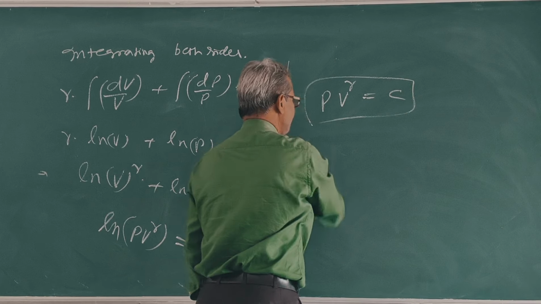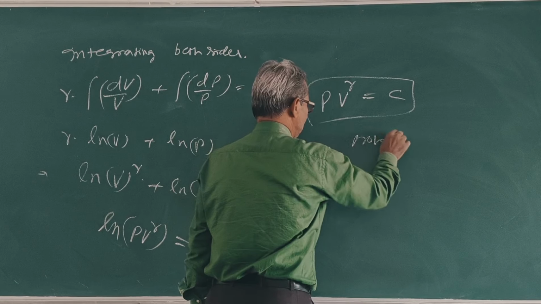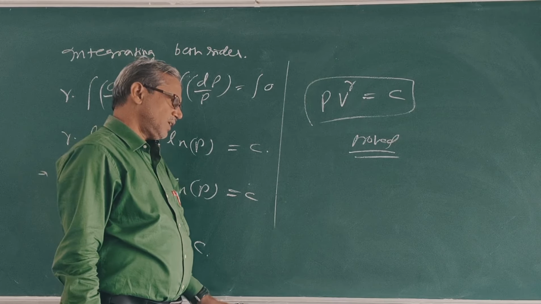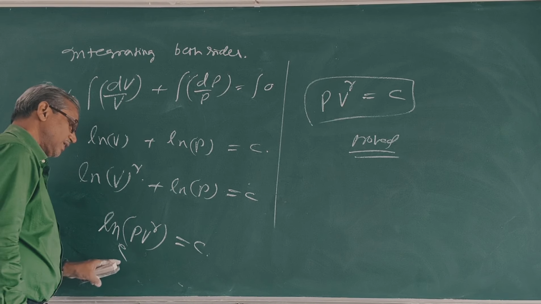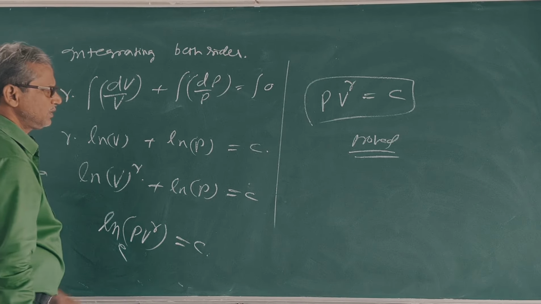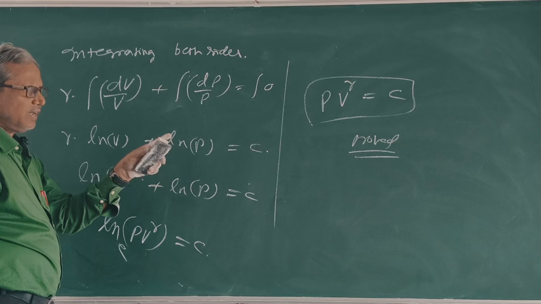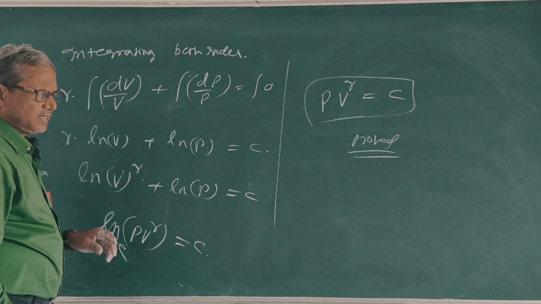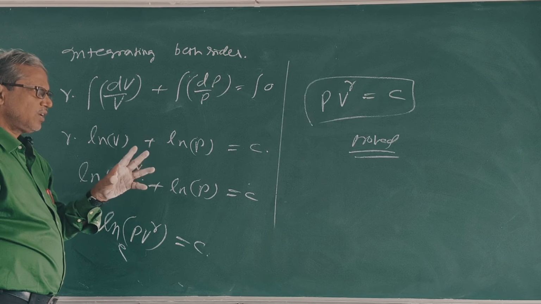Clear? This implies ln of P V to the gamma is c, so P V to the gamma is equal to e to the power c, which is constant. Clear? Here ln means log to the base e. So P V to the gamma is equal to constant. This is the expression for the adiabatic process. Clear? Now we will discuss the relation, and find out the value of gamma in adiabatic and polytropic processes.